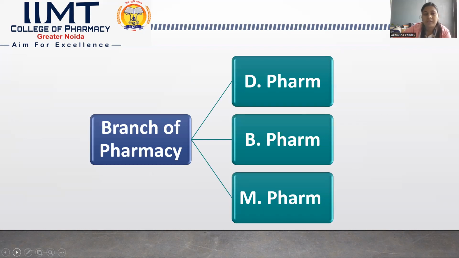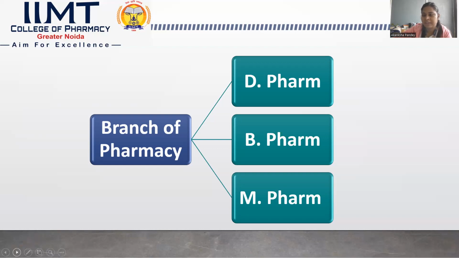If we talk about the branches of pharmacy, basically we have D.Pharm, B.Pharm, and M.Pharm. D.Pharm stands for diploma in pharmacy, which is a 2-year program. B.Pharm is the bachelor's of pharmacy, which is a 4-year program. And M.Pharm is a 2-year program, a master's in pharmacy with specializations like pharmaceutics, oncology, pharmacognosy, and pharmaceutical chemistry.